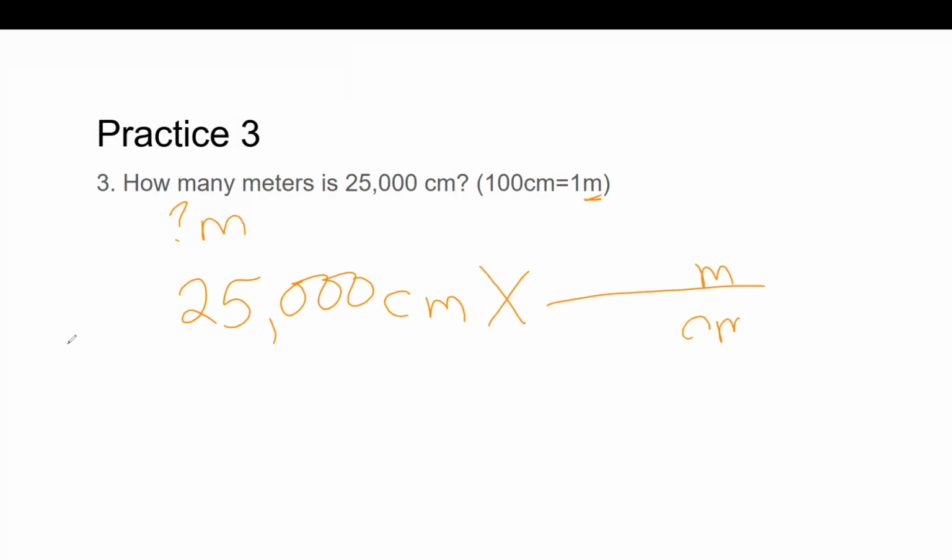Once centimeters are canceled out, we know that there's 1 meter for every 100 centimeters. My centimeters will cancel because I have one on top, one on bottom. 25,000 times 1 divided by 100 will give me 250 meters.